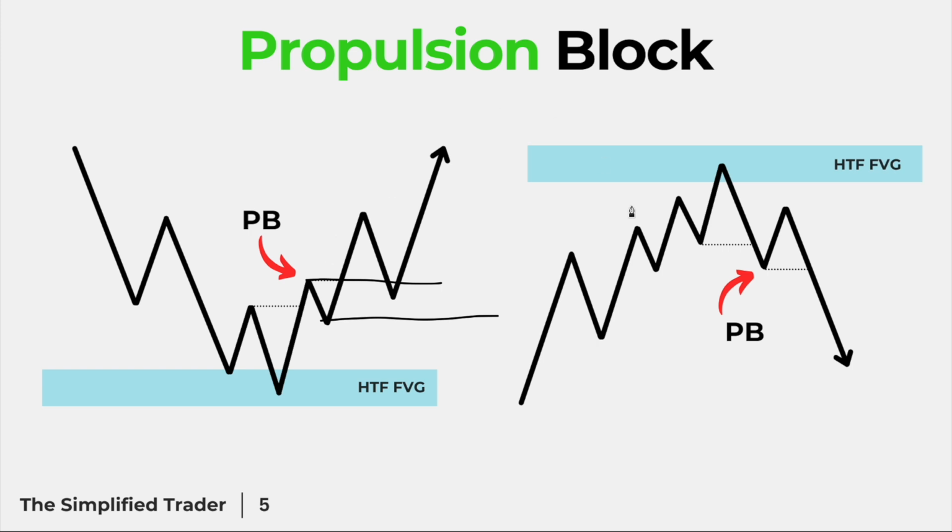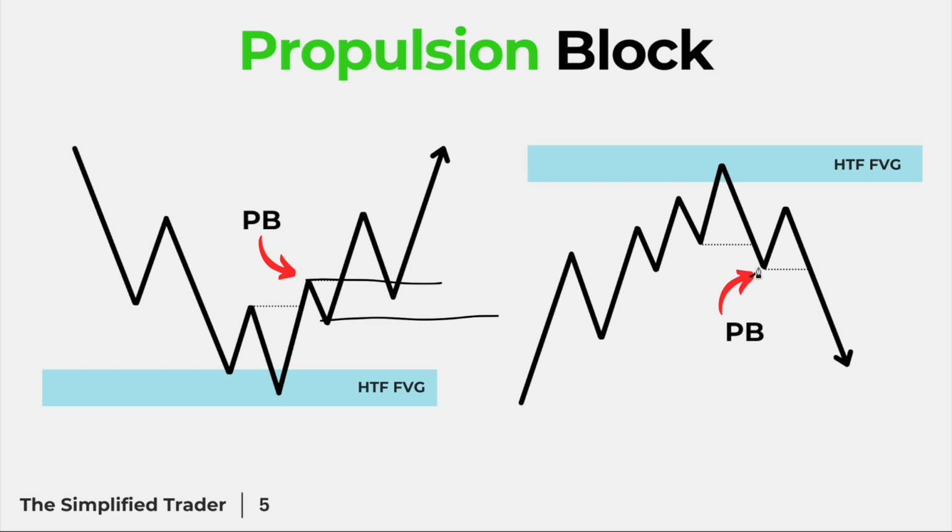Now, in a bearish scenario, here we have price trending up, we sweep a high, we close below the series of up close candles that took out the high, and that forms my initial change in the state of delivery. It forms my initial order block. So where is my propulsion block?